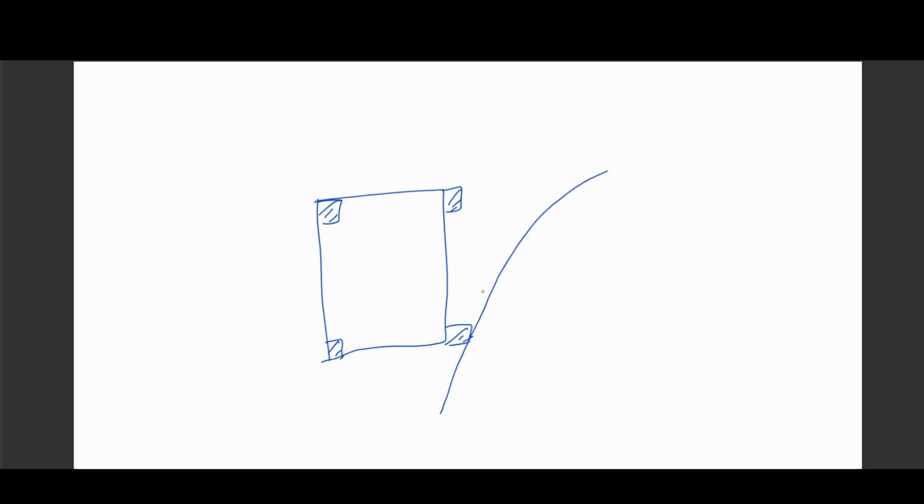This is the vehicle, this is the rear wheel of the vehicle, and this is the front wheel of the vehicle, and the vehicle is moving along the circular curve like this.